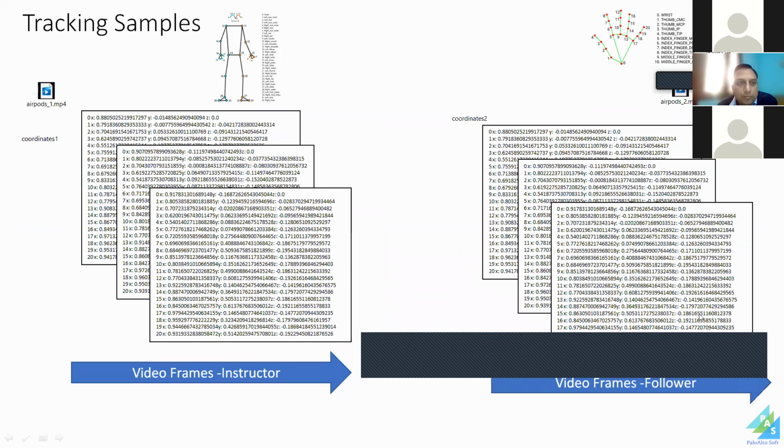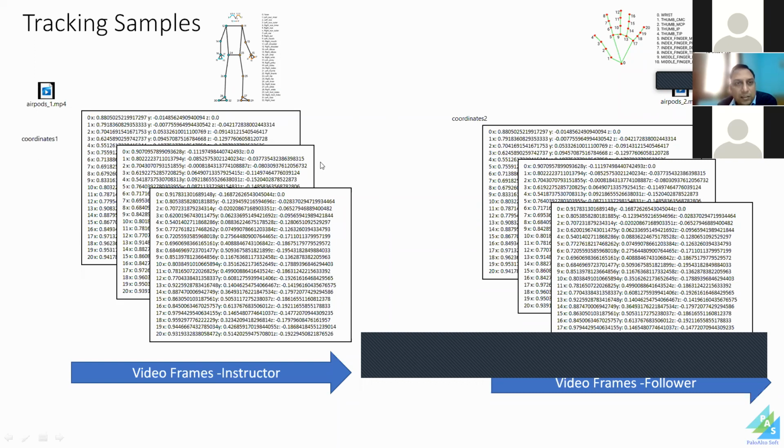Exactly. So we are baselining the videos basically. Once we baseline the video frames, then we start comparing each data point, like 0 with 0. For example, let's say this frame is best matching to frame 3. So we will compare this one with this one and so on.